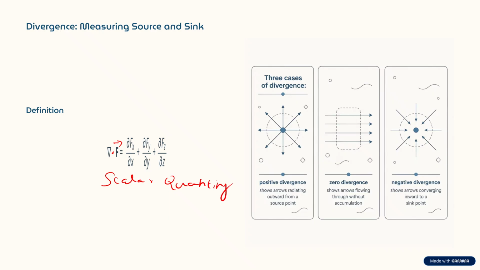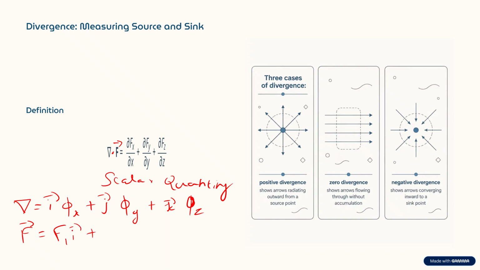So del is the operator which is defined as i vector dou by dou x plus j vector dou by dou y plus k vector dou by dou z, which is operated on f vector. For instance, I am taking f vector as f1 i vector plus f2 j vector plus f3 k vector.